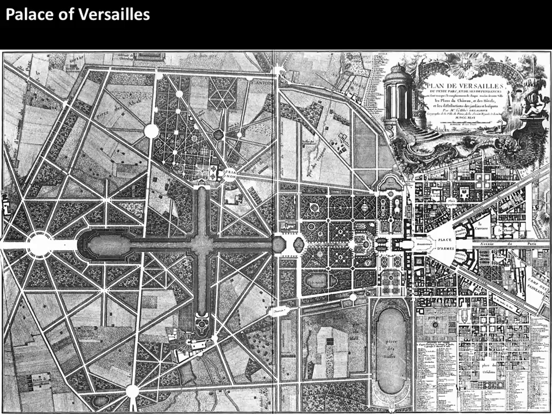Here you have a map from the middle of the 1700s with the plan of Versailles as well as the parks and gardens and everything associated with it. And you can see how it is this massive plan of assorted things broken up pretty much on some form of a geometric basis.